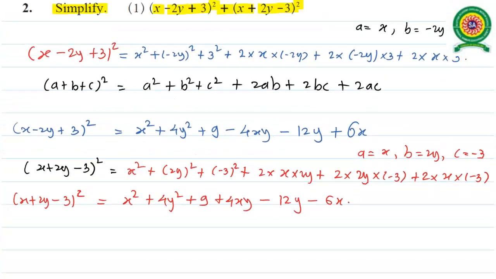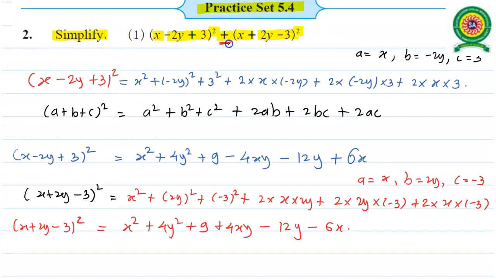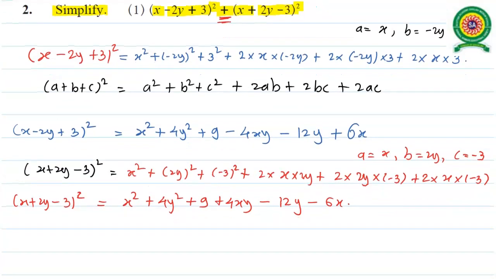Look at the question, we have to simplify, that means we have to add up now the expansion of those two brackets. So I am writing here, we have to simplify x minus 2y plus 3 the whole square plus x plus 2y minus of 3 the whole square.